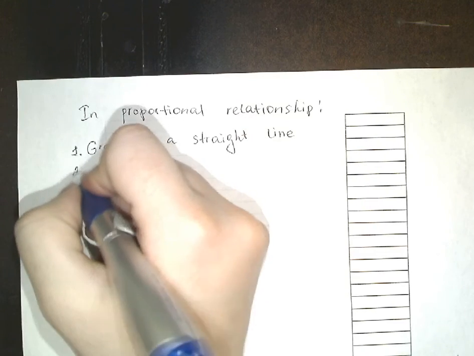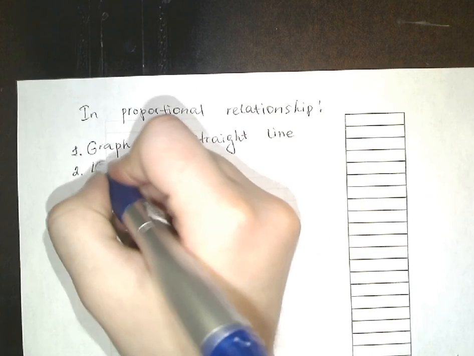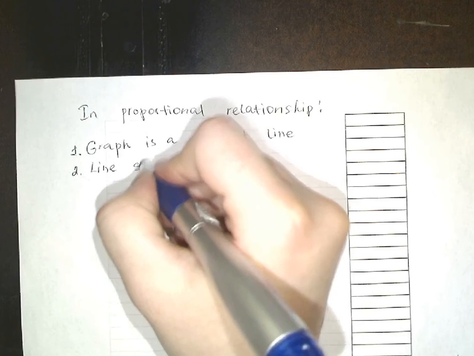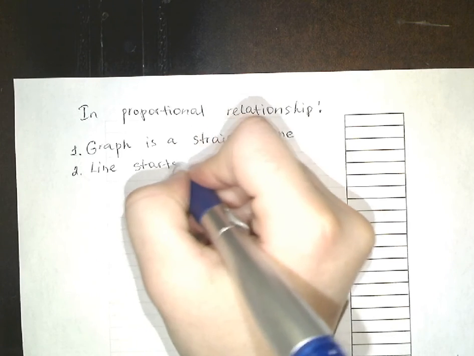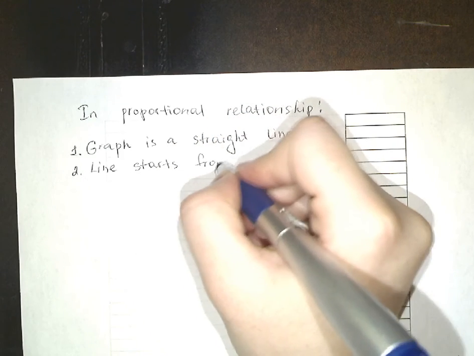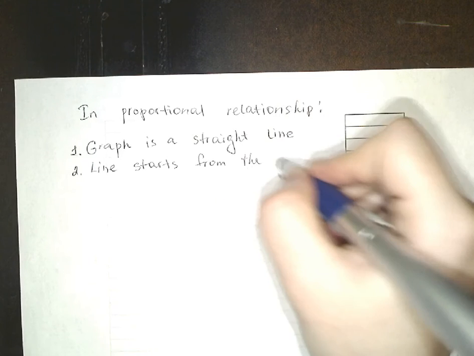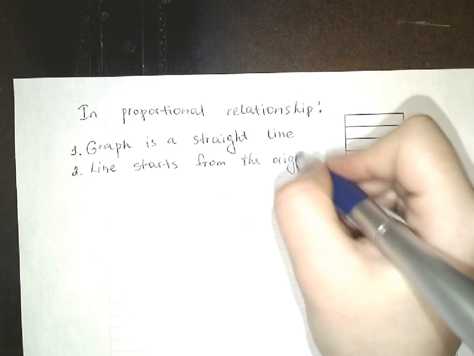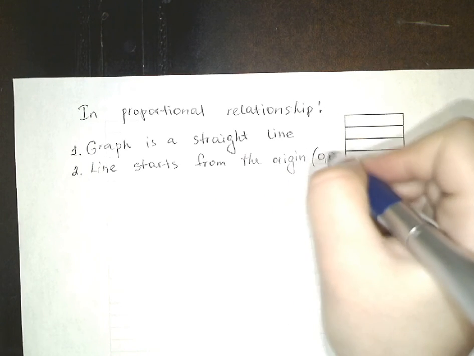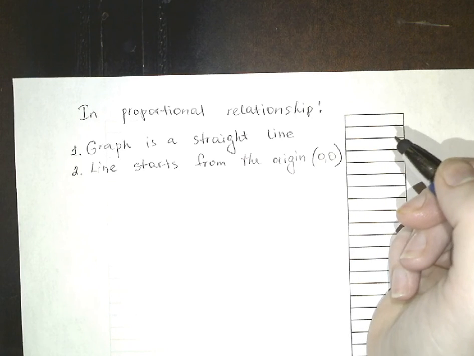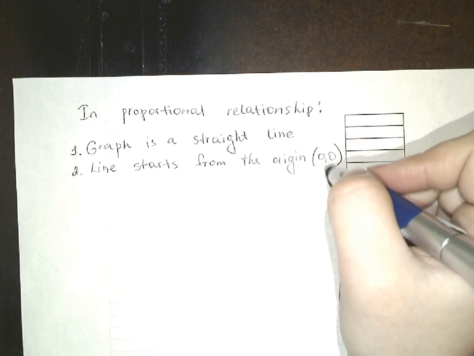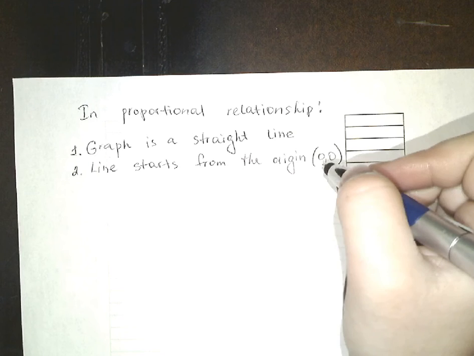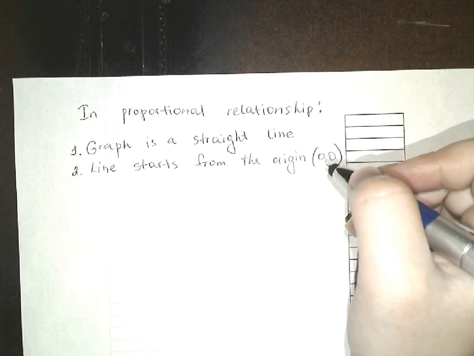Second rule, line starts from the origin, which is a point 0, 0. Okay, if one of these rules is not followed, this is not a proportional relationship.